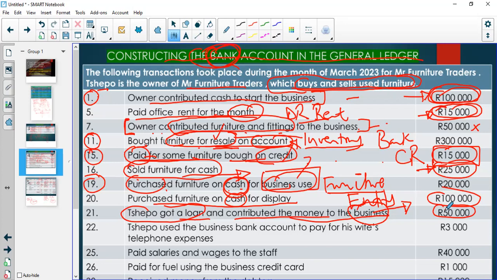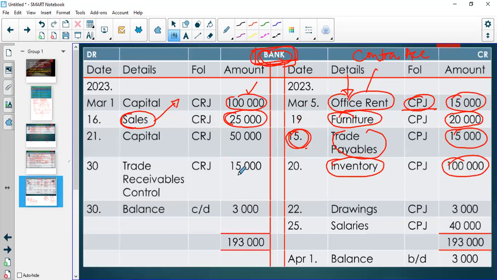The business did not go to apply for the loan. So there's no transaction between the loan provider and the business. But there's a transaction between Tsepo and the business. So Tsepo is the owner. He contributed cash. That's all we care. We don't care where he got that money. So it's going to be 50,000, and we're going to say that is capital, right?